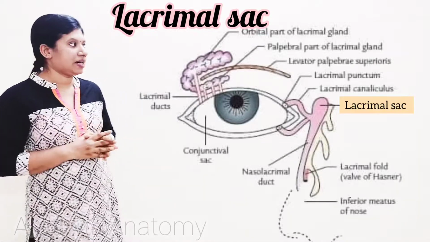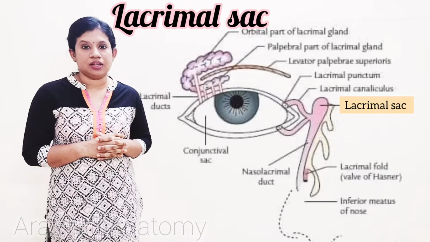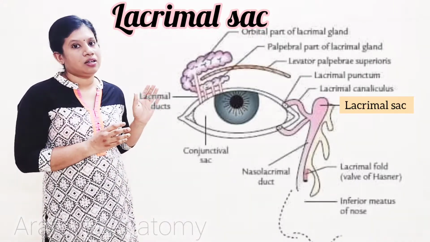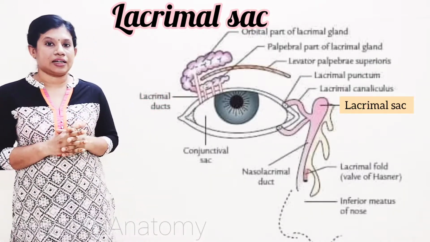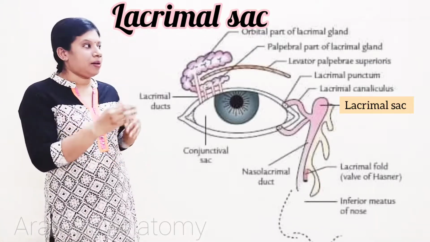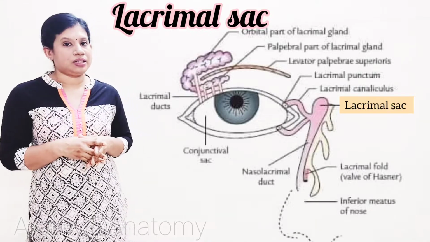The lacrimal sac is about 12 mm in length. It is mainly located in the lacrimal groove, behind the medial palpebral ligament. The upper end is blind and the lower end continues down as the nasolacrimal duct.